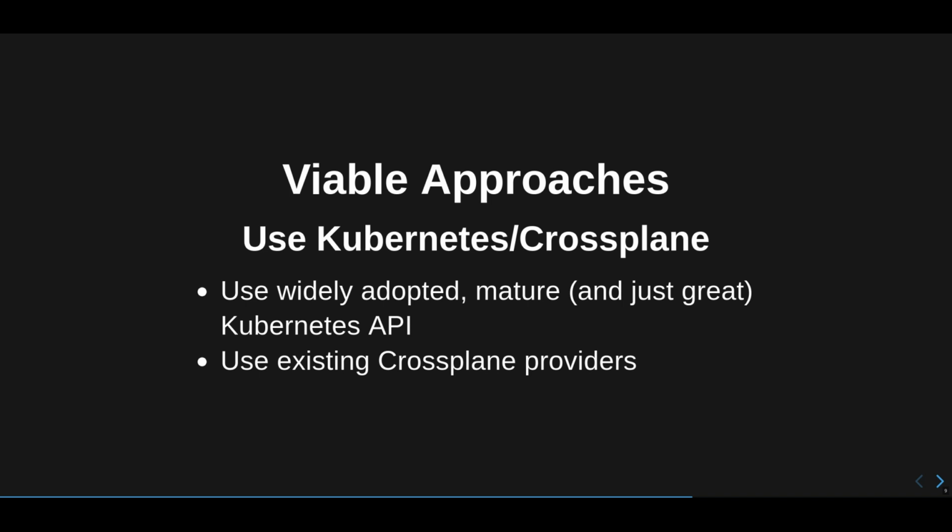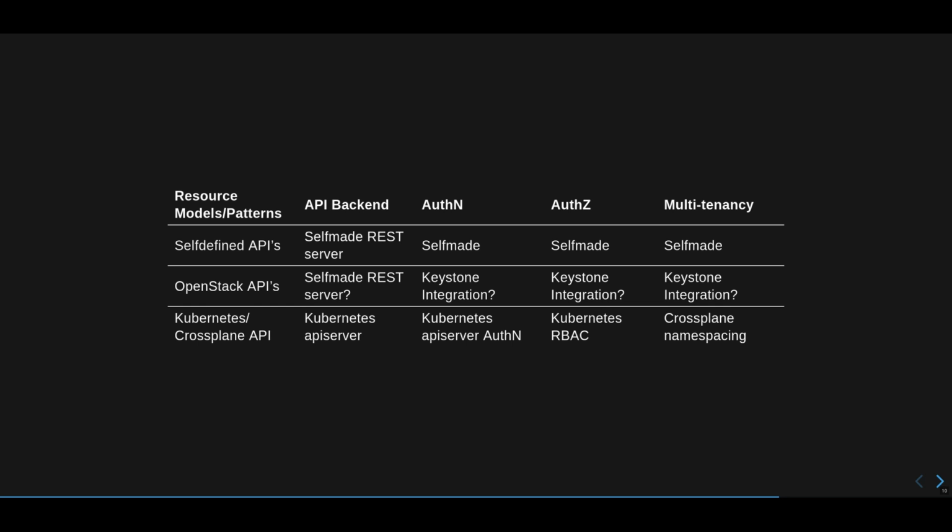So when comparing all those approaches, we see the self-defined API is really a lot of self-made stuff. For the OpenStack APIs, there's quite a lot we can use which is already there, like Keystone, but we need to think of how we integrate everything.